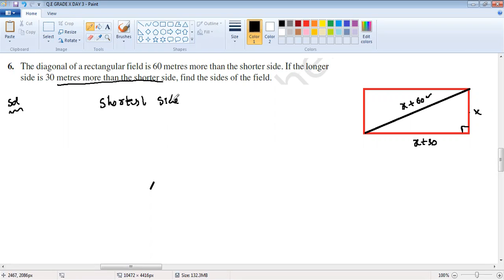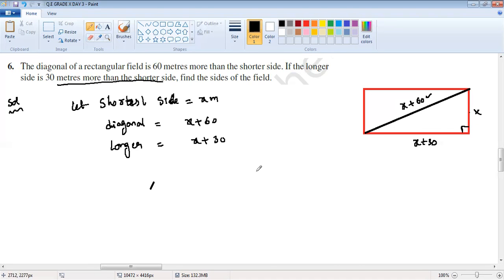Shortest side is equal to x meters. Then the diagonal, which is equal to x plus 60. Longest side, x plus 30.